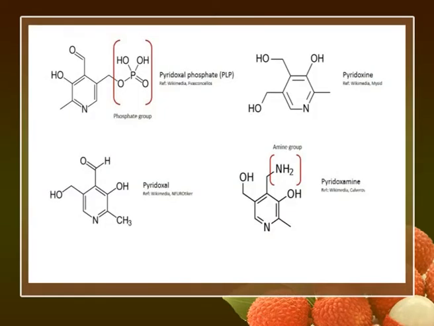Next is vitamin B6 or pyridoxine hydrochloride. Vitamin B6 has two other forms, pyridoxal and pyridoxamine. It's the most versatile enzyme cofactor, as it acts as a cofactor for transferases, transaminases and decarboxylases that are used in transformation of amino acids.